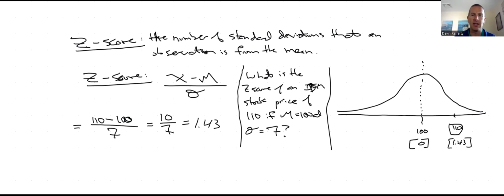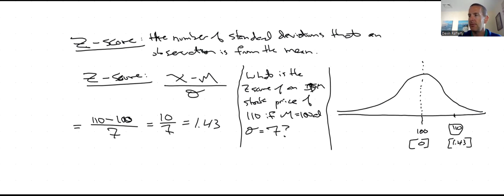That's way out there. That would be 4, 5, 6, 7 standard deviations, right? For us, 1.43 for the stock price, it's not nothing, right? It's something. It's definitely positive and noticeable, but it's not something that's too exorbitant.